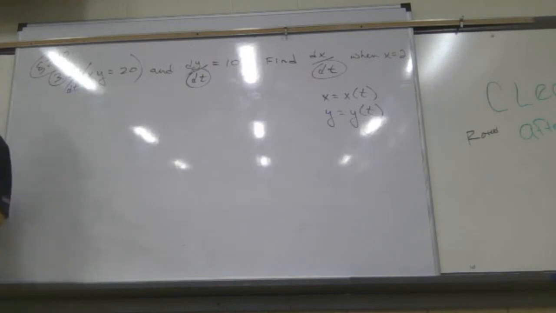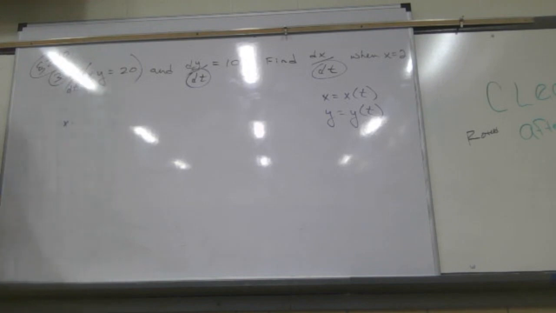So on the left side, what rule do I need to use? It's x times y, a product, so I need to use the product rule. It's the first one times the derivative of the second one. The first one is x, so x times the derivative of y with respect to t.